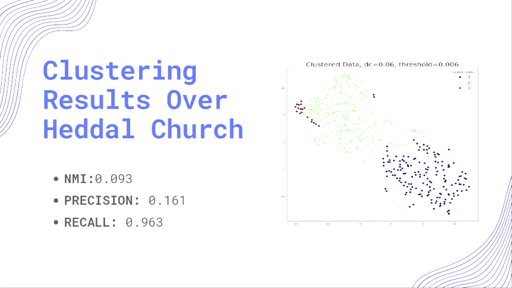In this image we can see that there are just 2 main huge clusters, which is not what we would like to obtain. In particular, if we look at the NMI, we can see that it is just 0.09, which is not a good result, and also the precision is not enough, 0.16. The recall is high, but it is just due to the fact that the clusters are very huge.